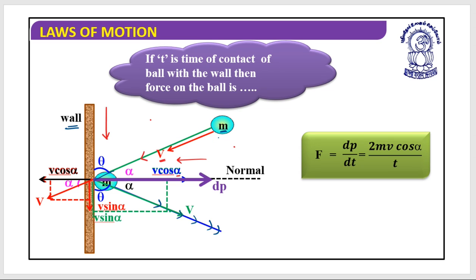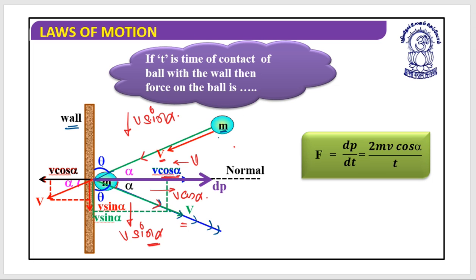So this is v cos alpha, and this is v sin alpha. This is v cos alpha that I have written over here, and it is going to rebound in this direction while making an angle alpha. So this would be v cos alpha, and this would be v sin alpha.